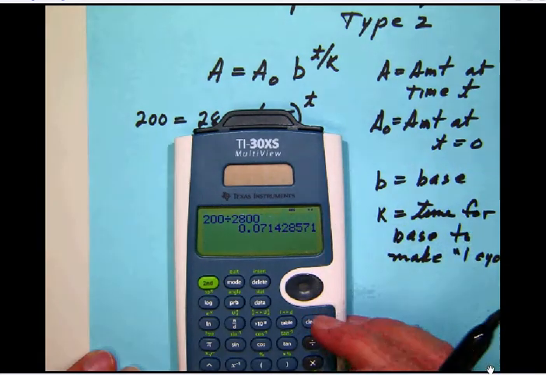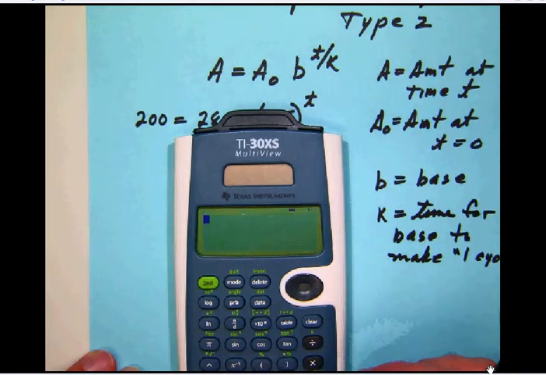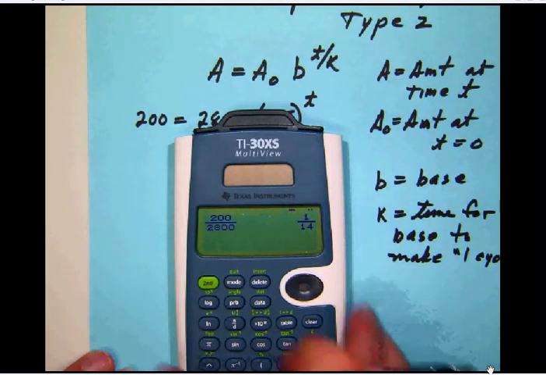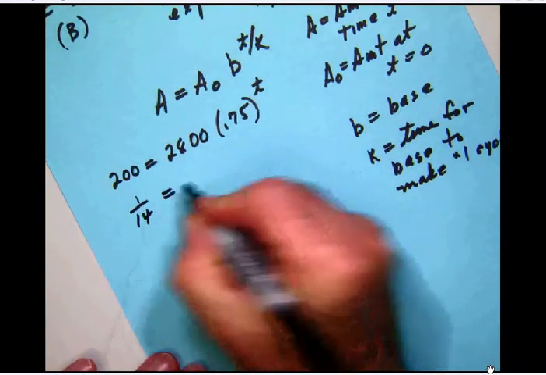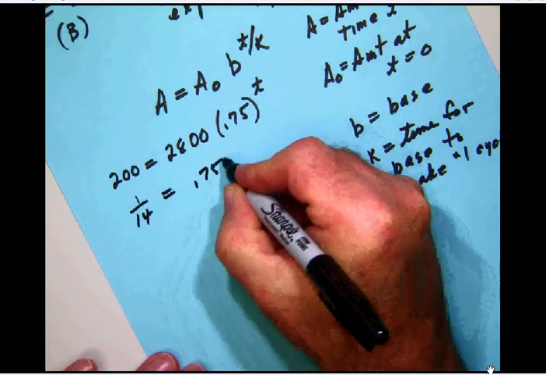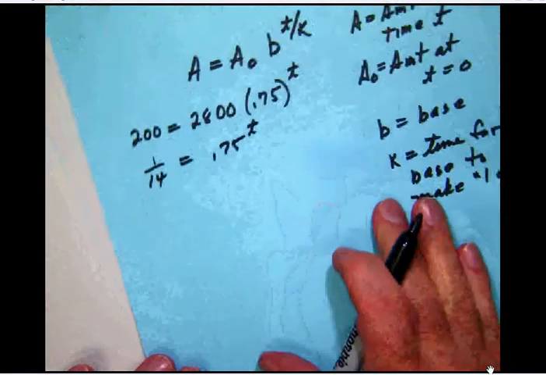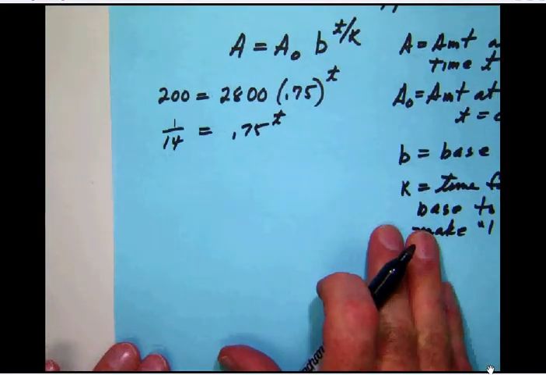Sometimes a better way is to treat this as a fraction. So take this 200 and make it a fraction over 2800. Some of you may see immediately that that is 1/14. I would rather keep that as a fraction because that's an exact value. So 1/14 equals 0.75 to the t power. It's going to work out better this way, and I'll show you why.